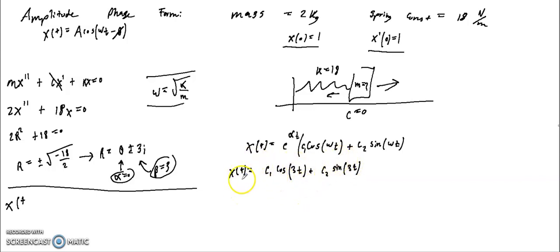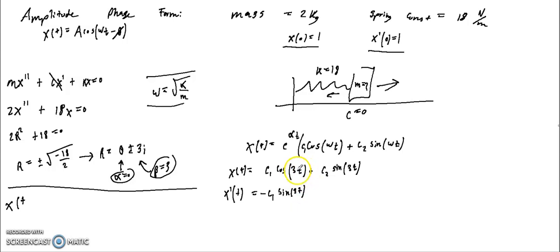And well, now I want to find the derivative. So let's do that. The derivative of cosine is just negative sine. So negative c1 sine of 3t.